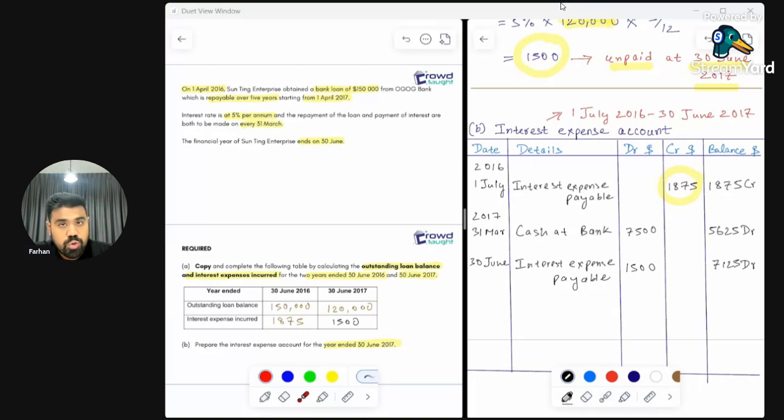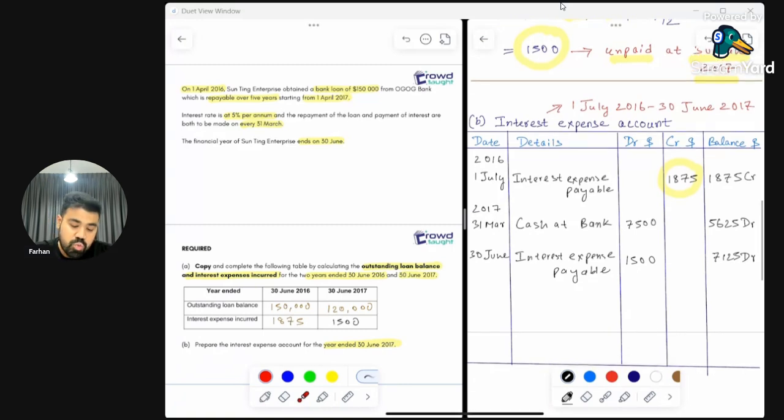So what we have to do here is prepare a closing entry line. The closing entry line is the amount of 7,125, which we are going to transfer to the income summary account. Or simply, this is the amount that you'll be showing in your profit and loss statement or income statement or the statement of financial performance. When you show the total expenses column, you will be showing interest expense of 7,125.